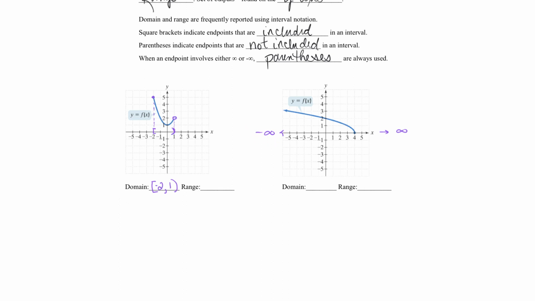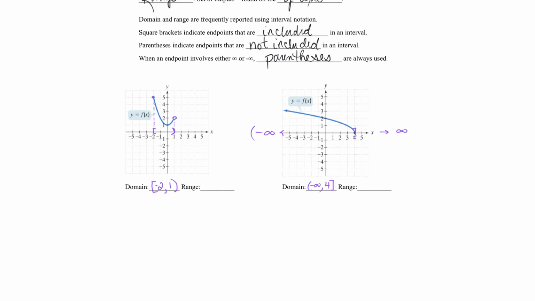It's going to be from negative infinity up to and including this endpoint of 4, right? So 4 is the endpoint that's included. Negative infinity is always with the parenthesis. So for this one, the domain is from negative infinity to 4, including 4 because of that closed circle, right?